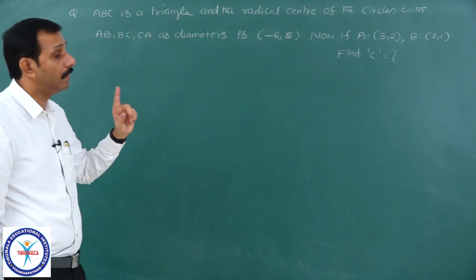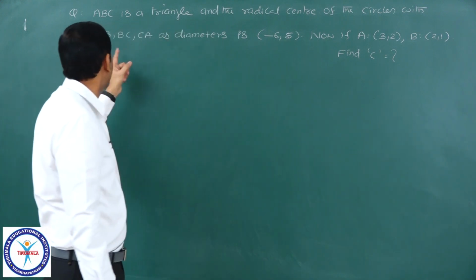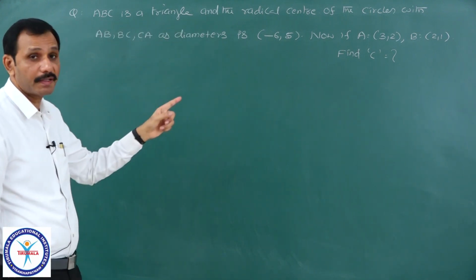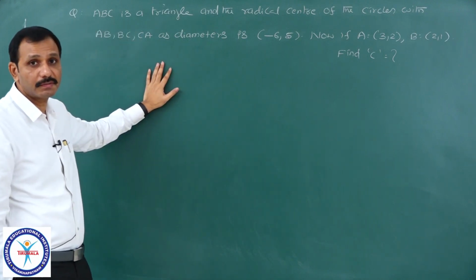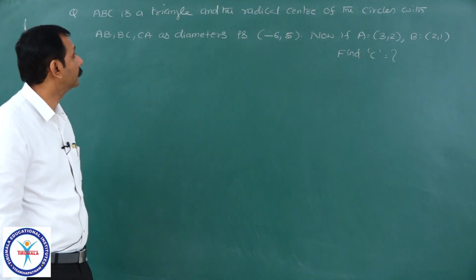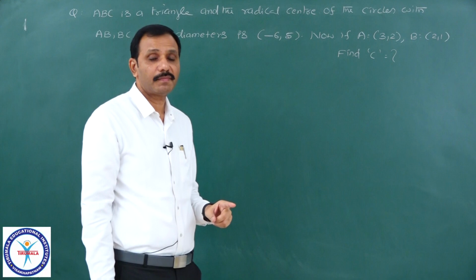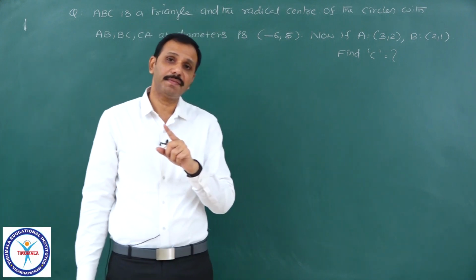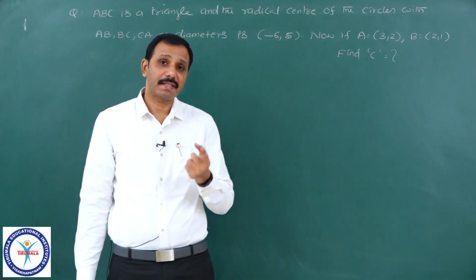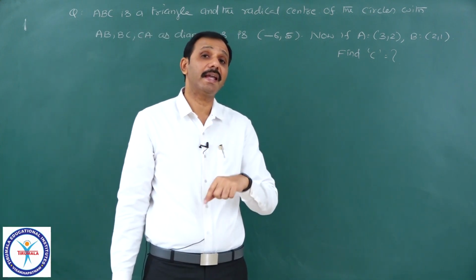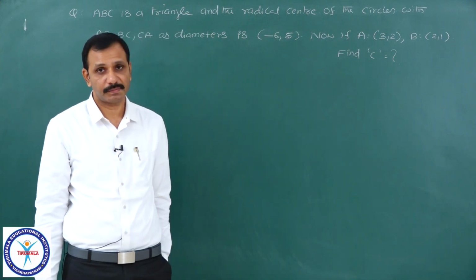ABC is a triangle and the radical center of the circles with AB, BC, CA as diameters is (minus 6, 5). What is the meaning here, you see? Concept. In the previous lecture we have seen that the radical center of the circles with sides of the triangle as diameters is nothing but the orthocenter of the triangle ABC.